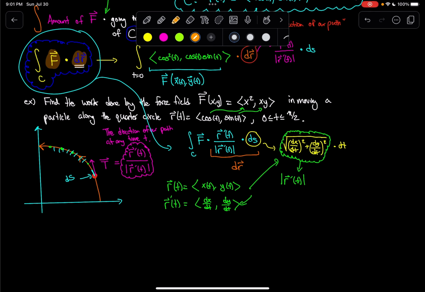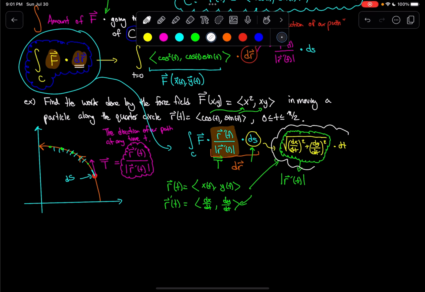In order to do dr as a vector, we need the direction of that vector, which is given by the unit tangent vector T, and then we also need a magnitude, which is given by ds. And we said that ds can be broken down into what I wrote there on the right, and that this bit right here is just the magnitude of r prime.